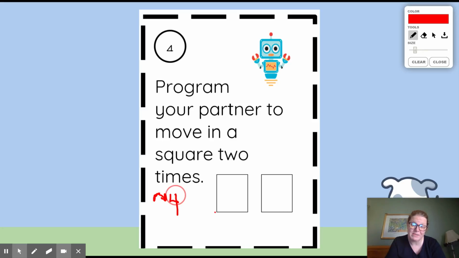Actually 8 times, because if we repeat this 8 times, move forward, and turn right. So now, got it?